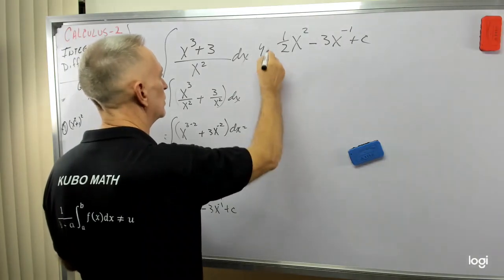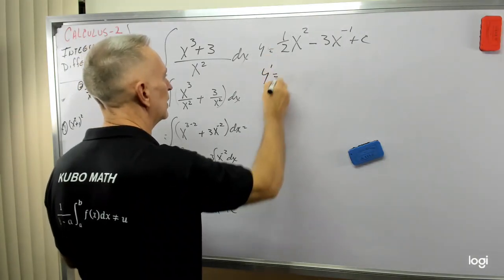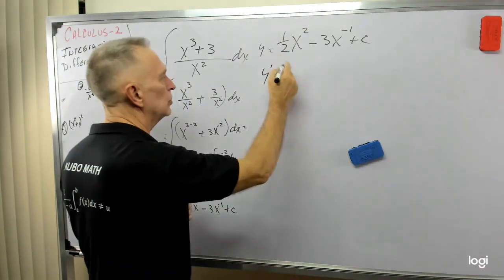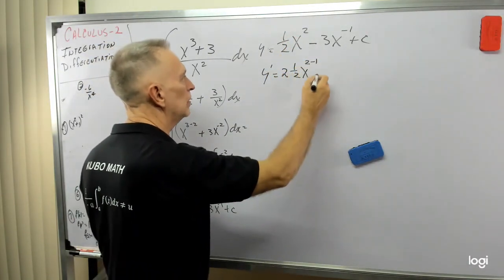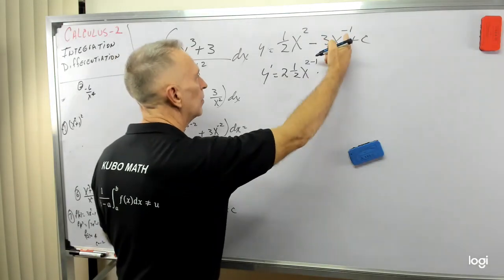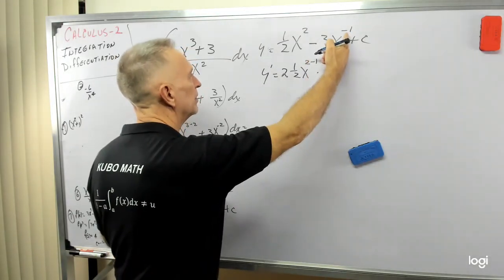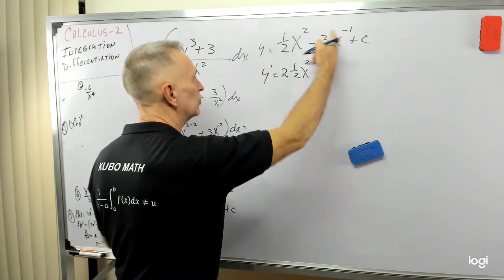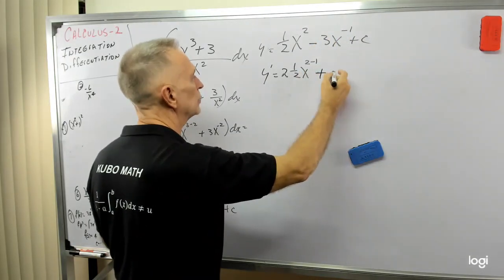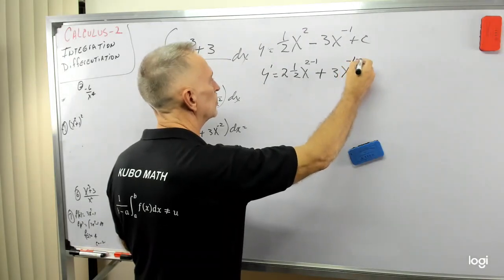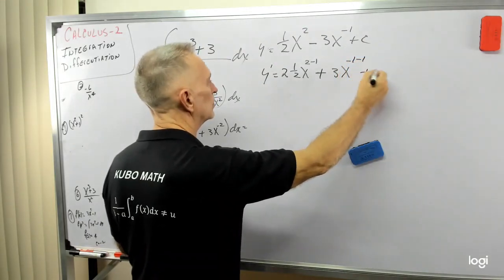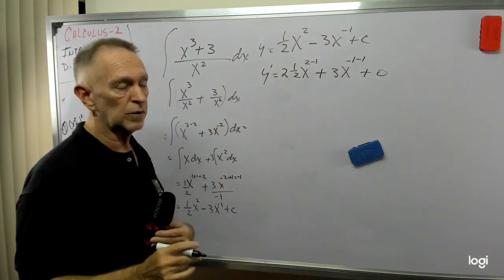So y prime equals, bring the 2 down, 2 times 1/2 x to the 2 minus 1. Now minus 1 times negative 3 is plus 3x to the minus 2, plus the derivative of the constant is 0.